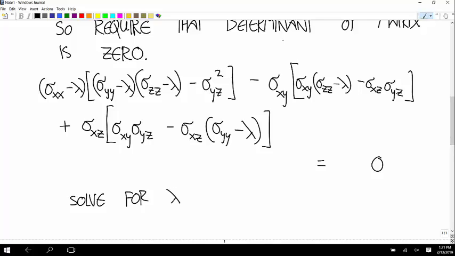It's a polynomial. If you multiply all this out, what's the order of the polynomial? Every one of these you're multiplying lambda, lambda, lambda. But yeah, there's the third order, the third power of lambda.